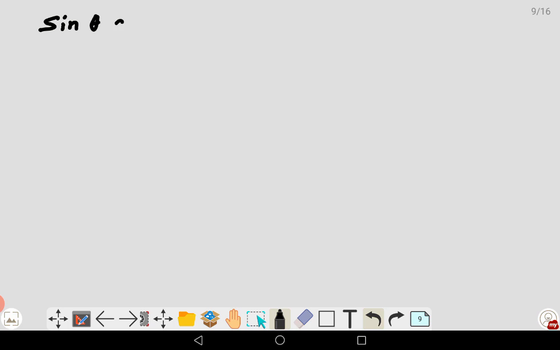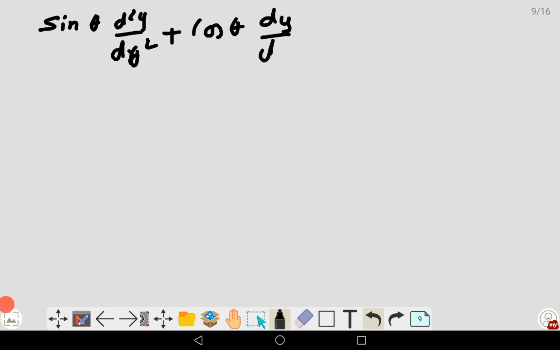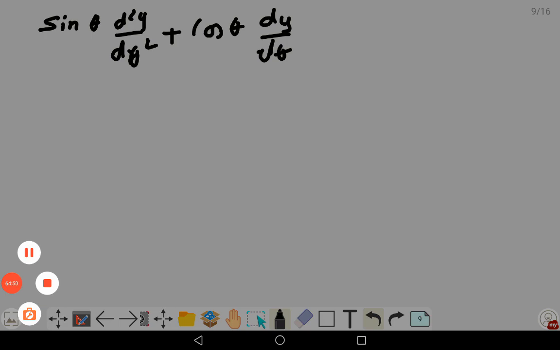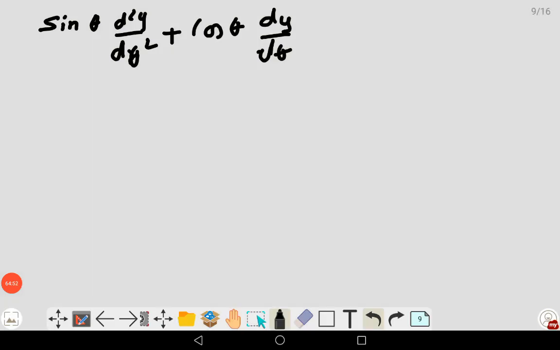Sin theta d square y by d theta square plus cosine theta dy by d theta, third term n into n plus 1 sin theta y is 0.